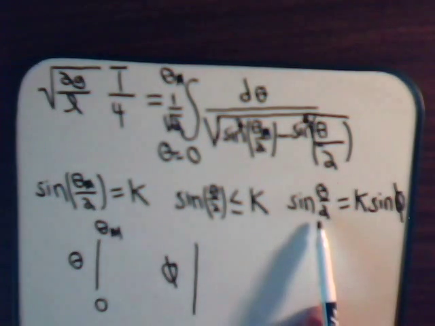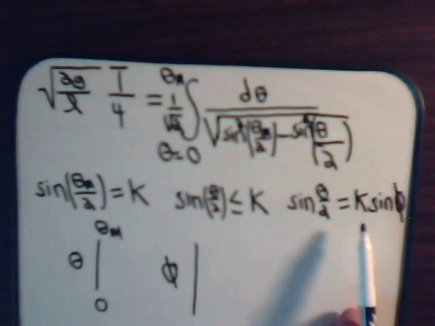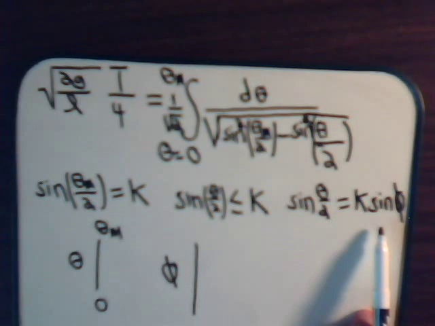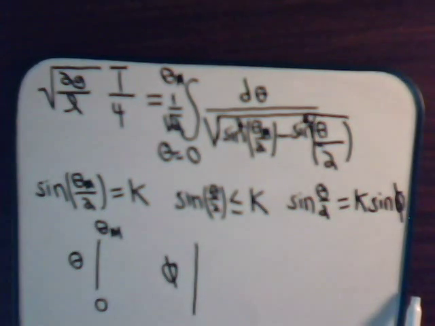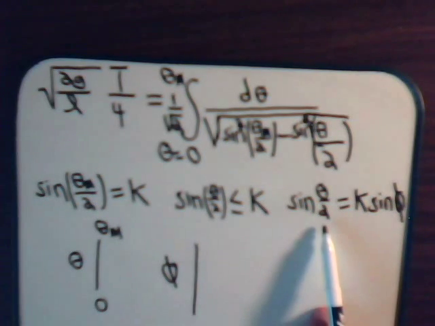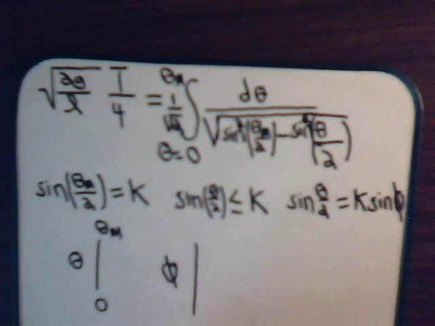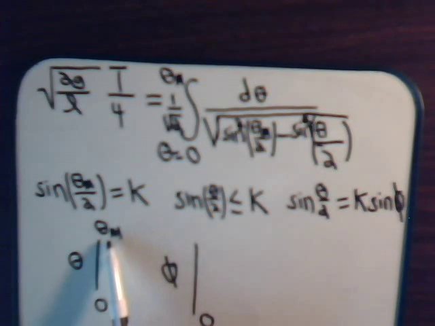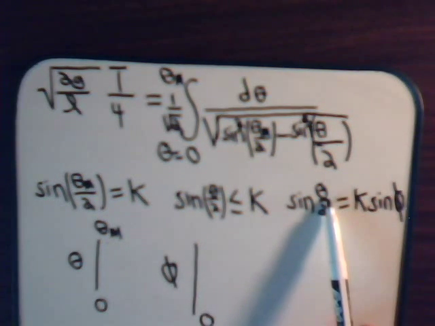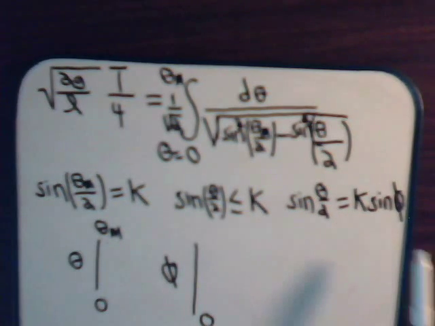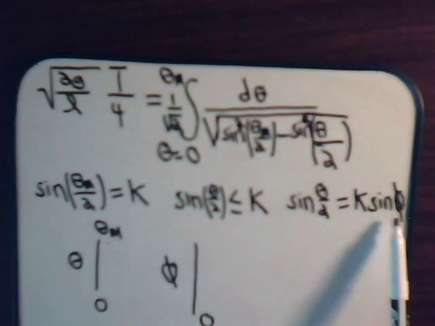We have the sine of theta over 2 equals k times the sine of phi. Well, if theta is 0, that's 0. So then this has to be 0. Now, when we have theta m, that's our maximum displacement. So then this has to be 1.